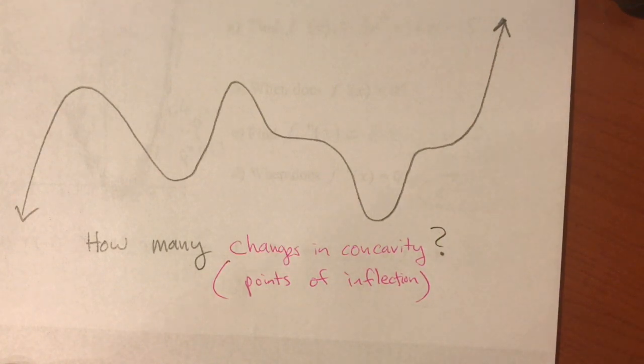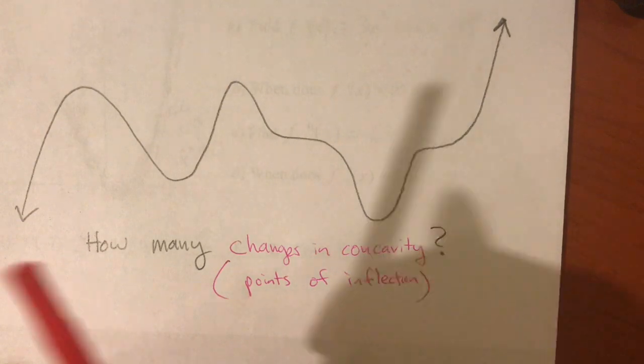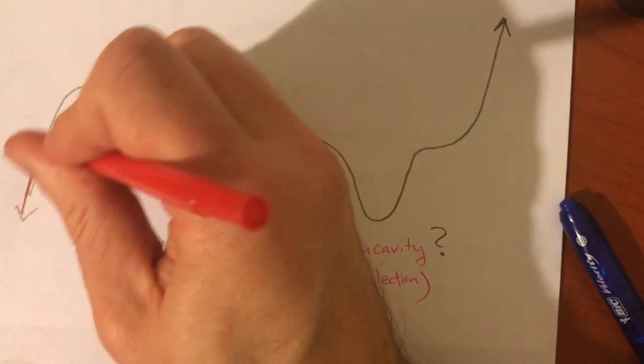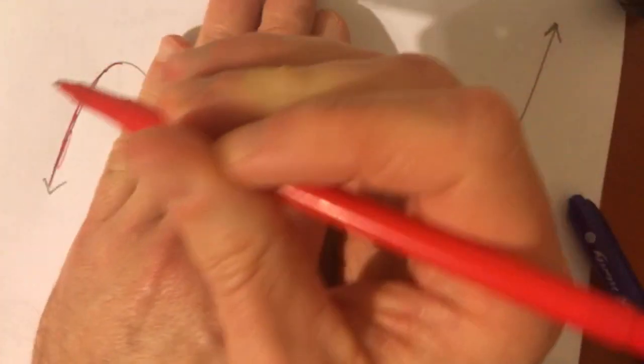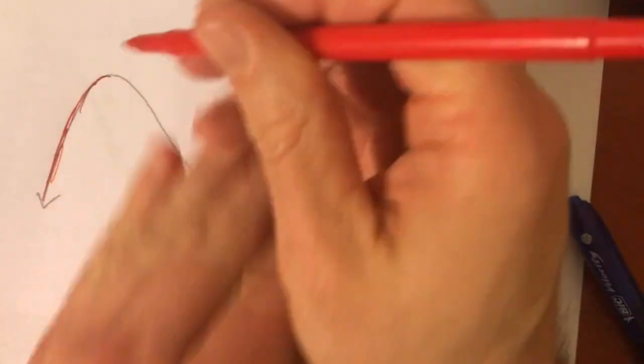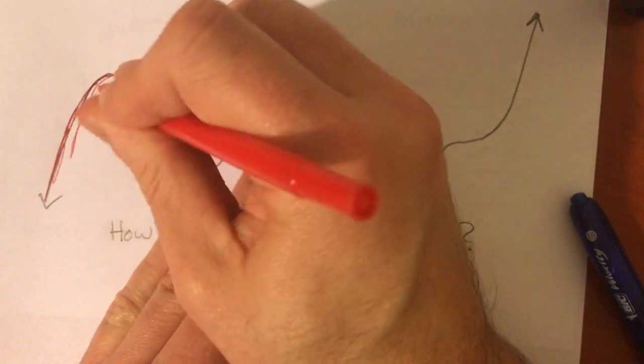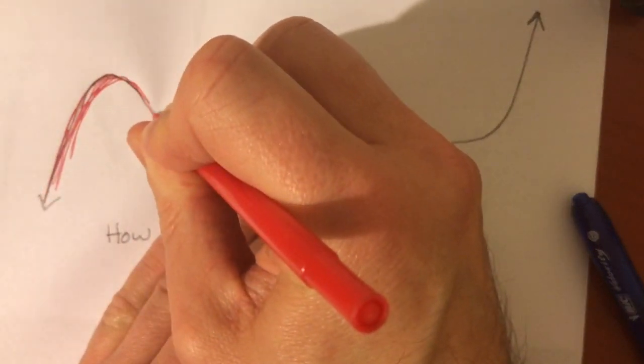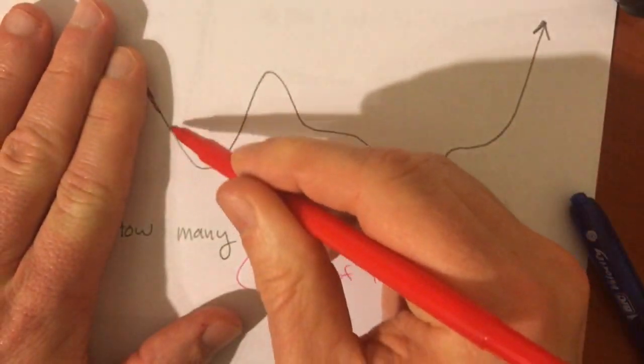So here's the deal. Let's just trace along here. We are definitely part of a concave down region. If you look at that, that looks like part of a downward parabola. Downward parabola, downward parabola. Sounds like a yoga pose. But at a certain point here, it starts to look like an upward parabola.